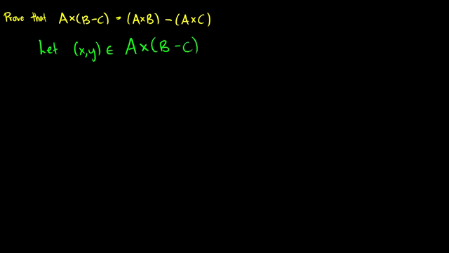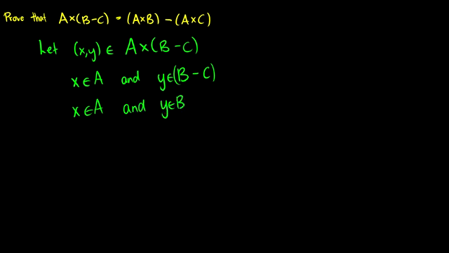With this, we know that x is going to be in A, and y is going to be in B minus C. And of course, this is just the definition of the Cartesian product, or the cross product. Okay, so then we know that x is in A, and y is in B, and y is not in C.